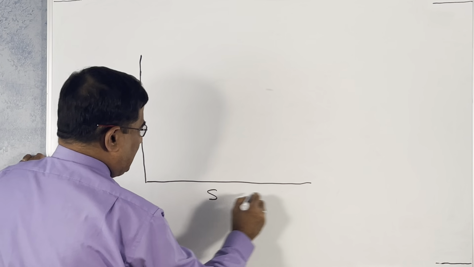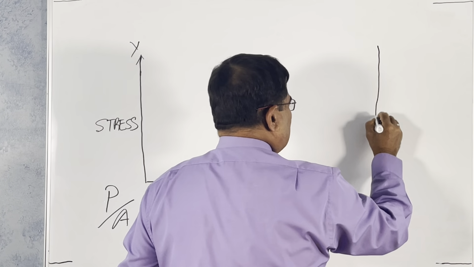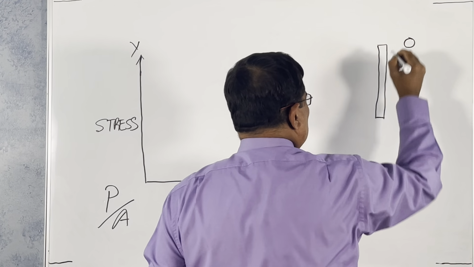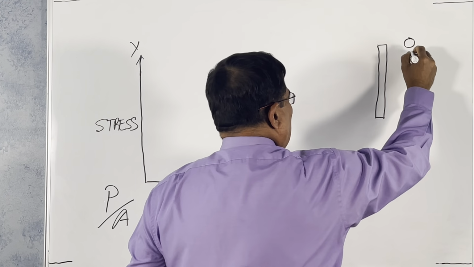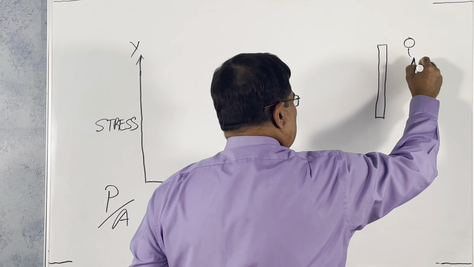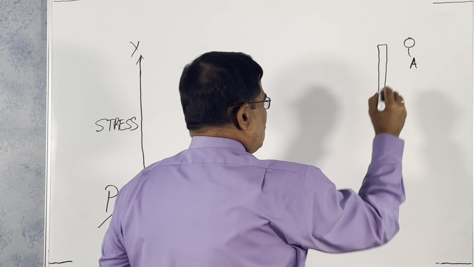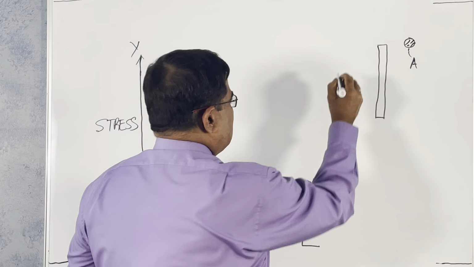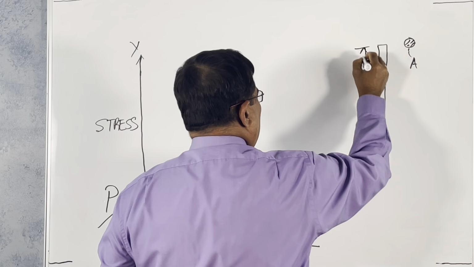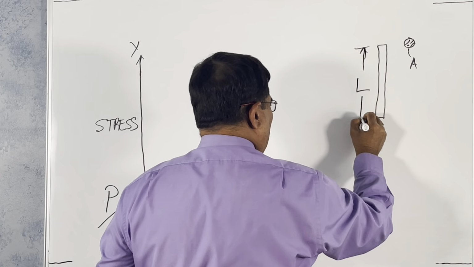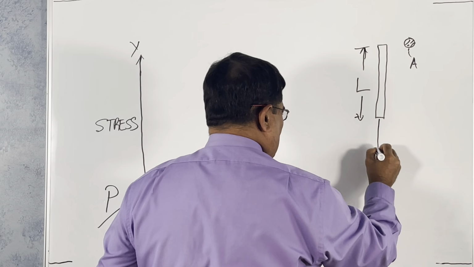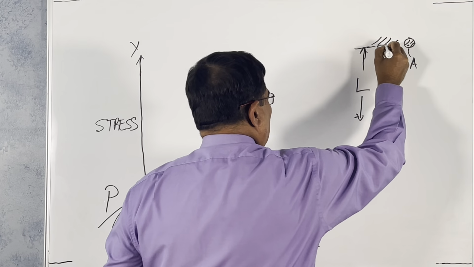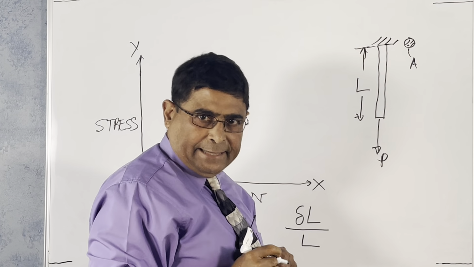Suppose you have a rod like this. It has got a cross-sectional area, like a square, or this is circular, and this is the area of this cross section, and this is the length L. When you apply a force P, suppose it is fixed there, then what happens?